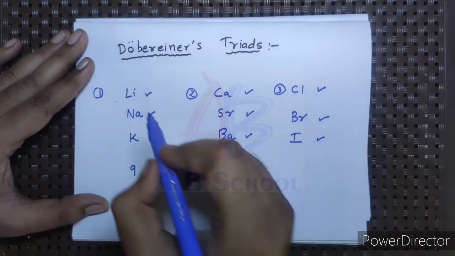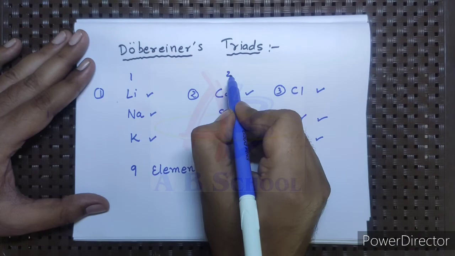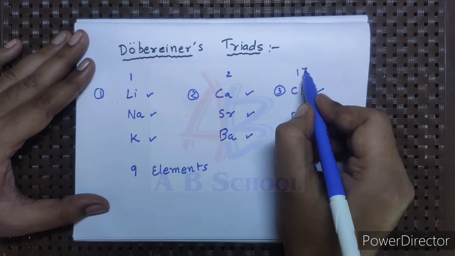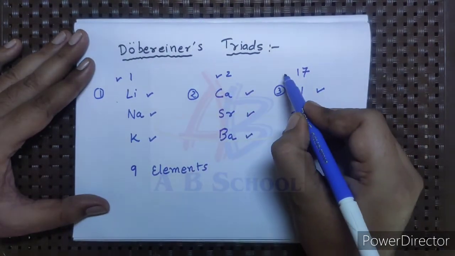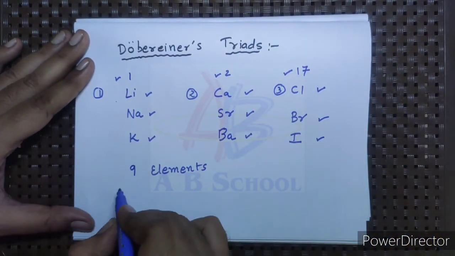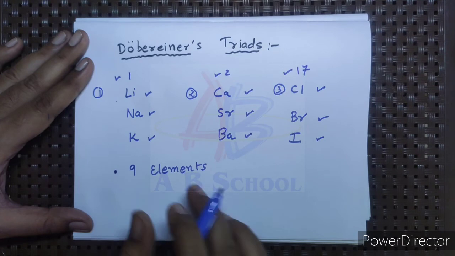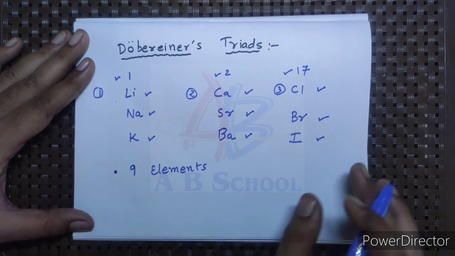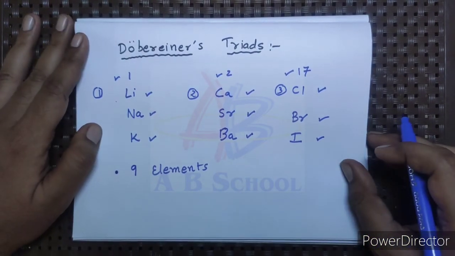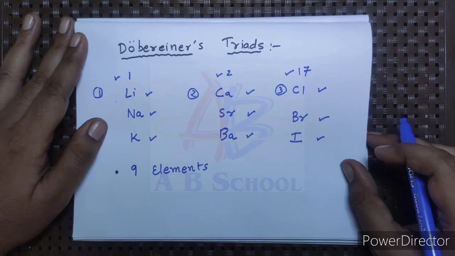That means the effort made by Döbereiner still holds true in the test of time. But the only limitation is he could classify only 9 elements. Alright, so this would be the first concept for classification, that is Döbereiner triads.